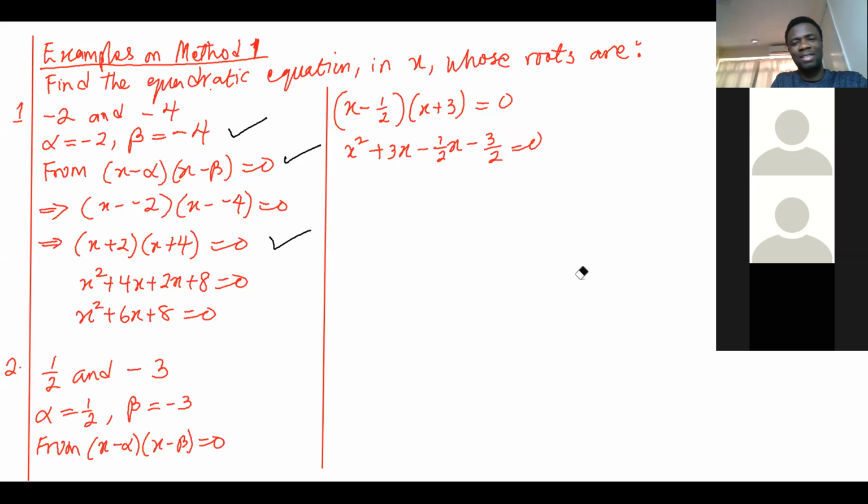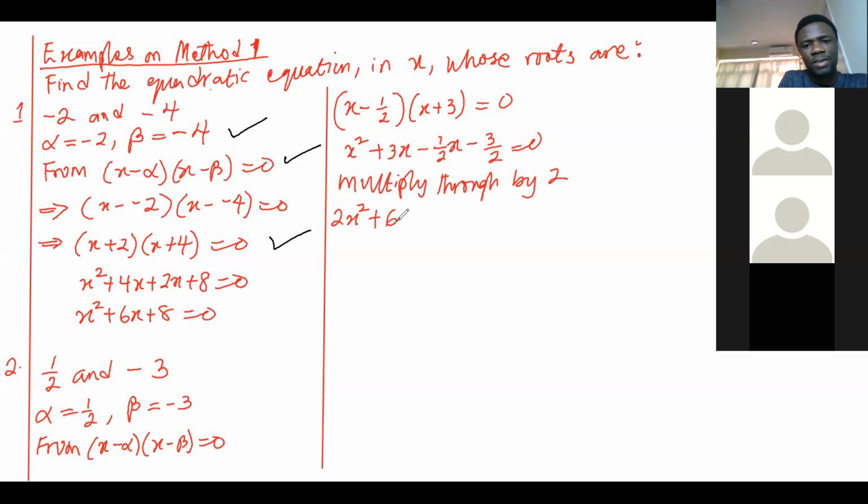All right, so like Justin said, we're going to multiply through by the LCM, which is 2. So if you multiply through by 2, this would be 2x squared. This would be 6x.